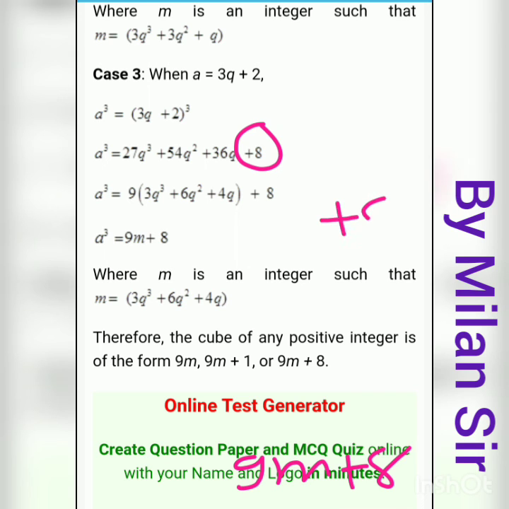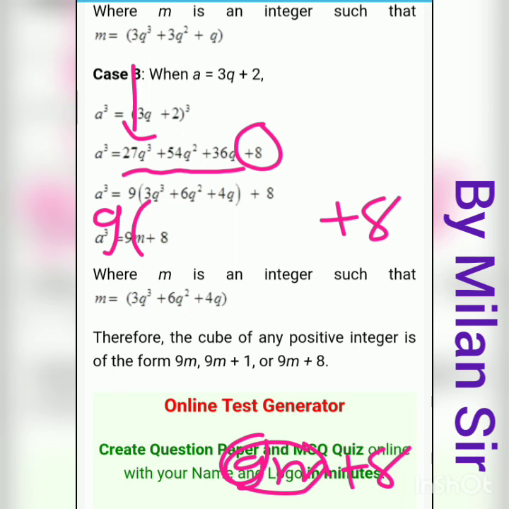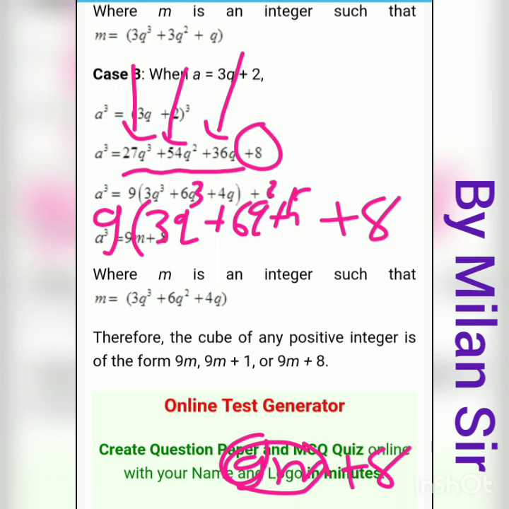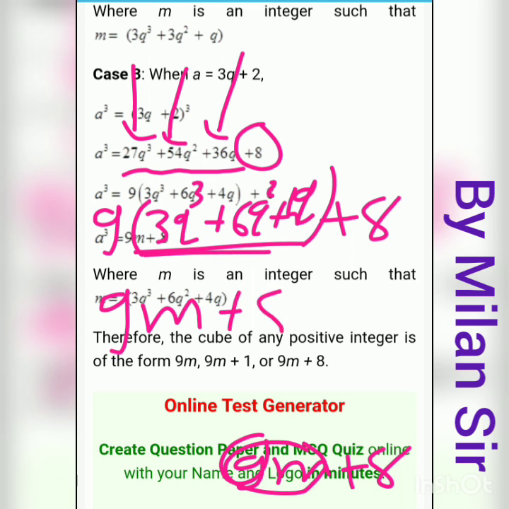At last we write plus 8 as it is, but before that we want 9m, so we need to take 9 common from these 3 terms. Here we have 27q cube, 27 means 9 3s are 27, so 3q cube, here we take 9 common, so 9 6s are 54, q square as it is, and here 9 4s are 36, so 4q.